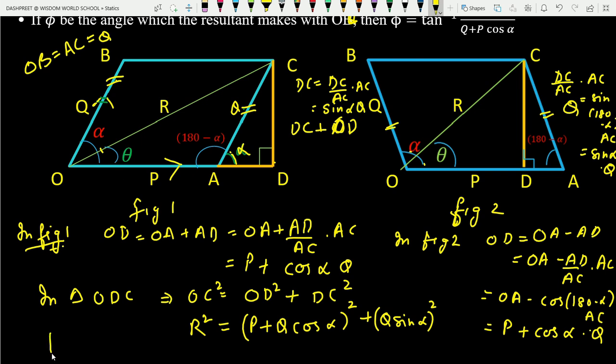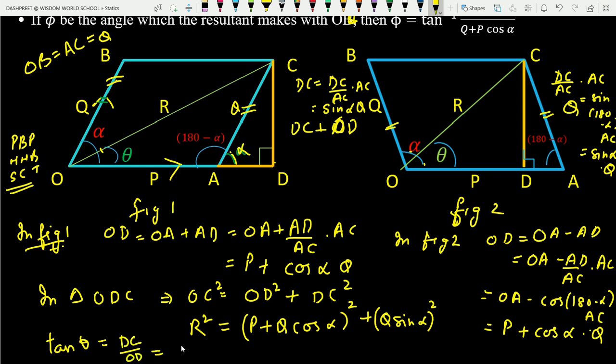Also, tangent theta can be written, in triangle OCD, in both the cases, by the formula. You can use a memory trick to learn the T ratios. Tangent theta is perpendicular upon base. Perpendicular here is DC and base is OD, so DC upon OD.